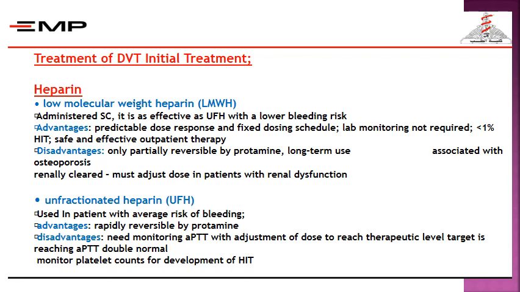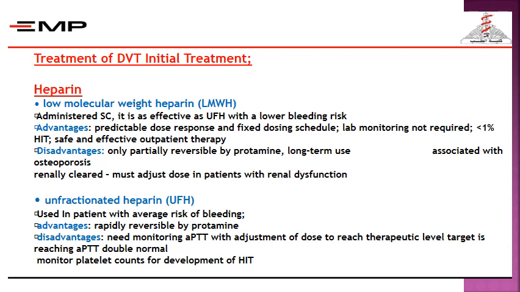We usually use the unfractionated heparin because it has a shorter duration of action, its half-life is less, and it can be reversed easily by protamine. So unfractionated heparin is used in patients with average risk of bleeding.